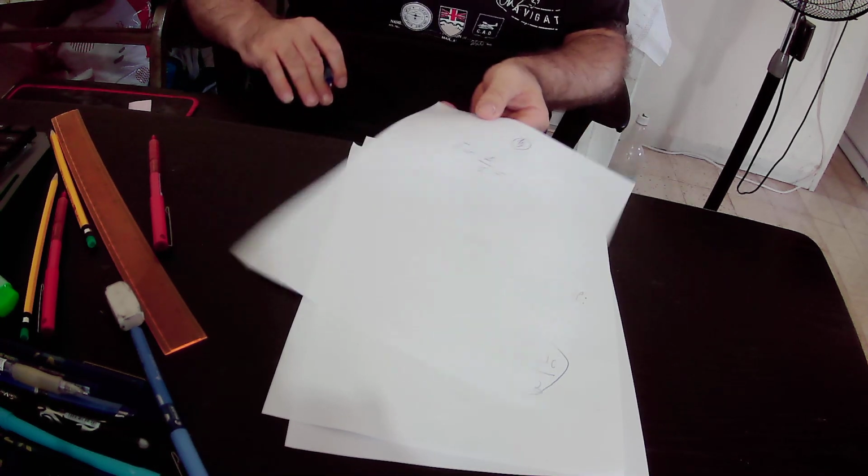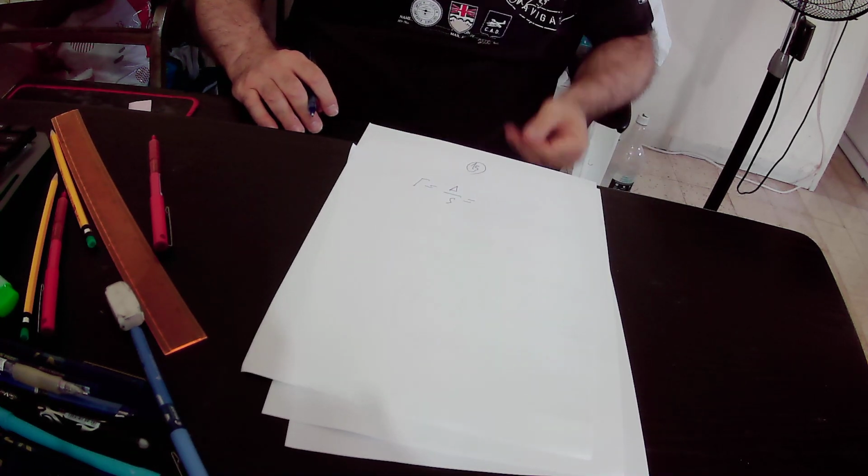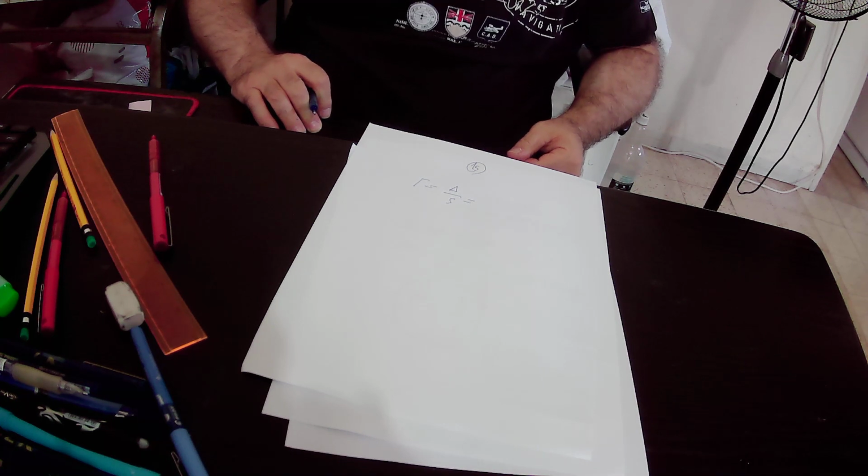R equals the area of triangle ABC over the semi-perimeter of triangle ABC.